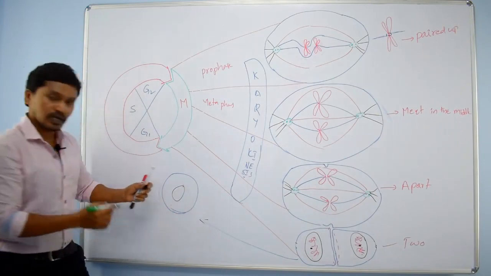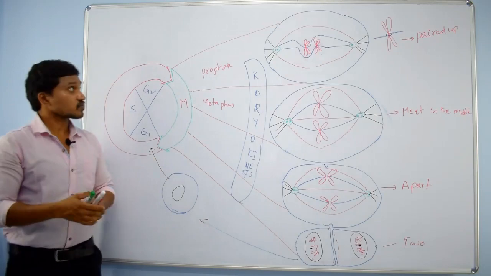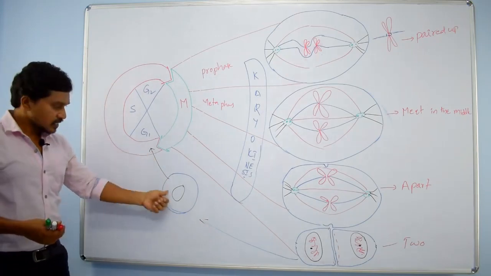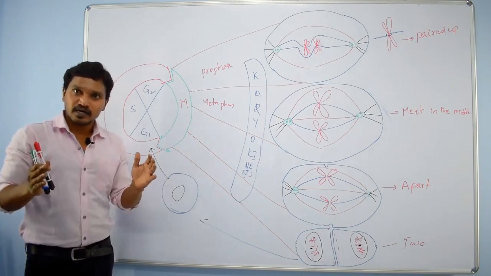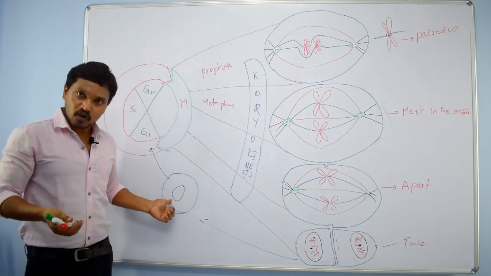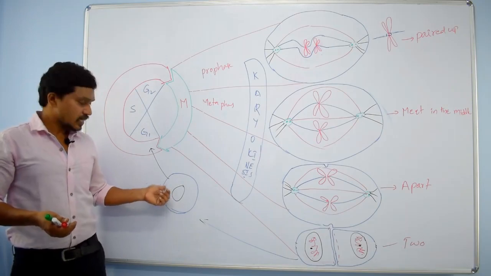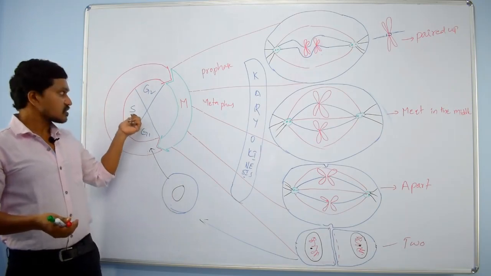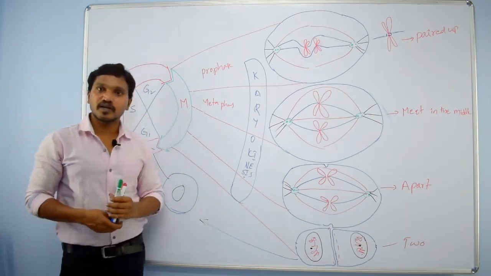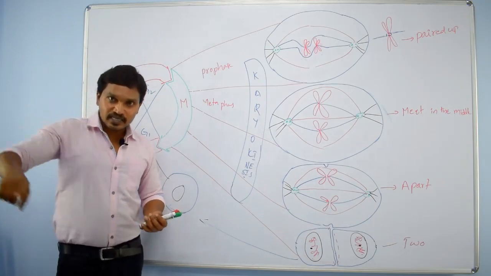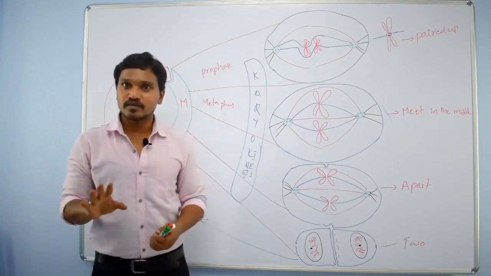This cell reached here and is entering into G1 phase. Once it enters into G1 phase, the size of the cell increases, right, and the remaining growth of the cell will happen. Once cell growth is complete, then it enters into S phase, then G2 phase, then M phase, again it will enter into G1 phase, right. So this cycle keeps happening in some cells, not all cells, right.